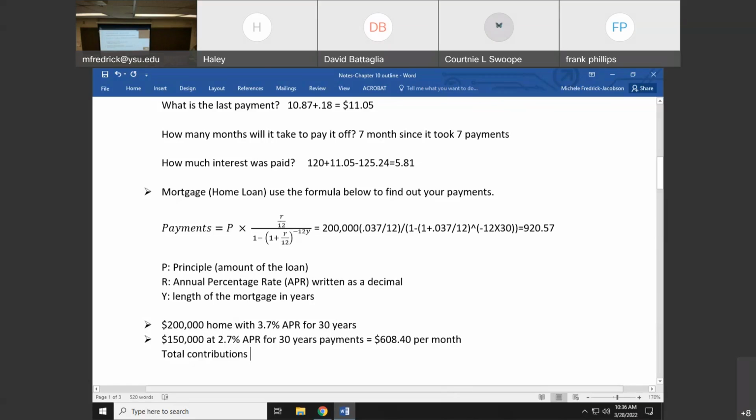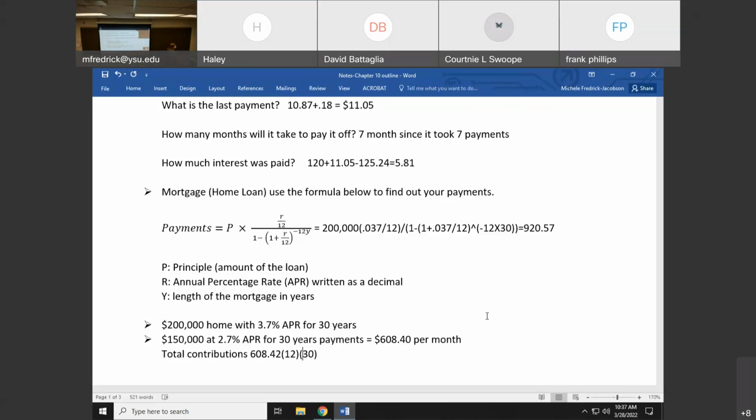So what we would do is the 608, not 6,000, 608, multiply it times 12 because it's 12 months, and then 30 years. So when you're finding the total contributions, it's how much you pay per month times 12 because it's monthly times the number of years. Your payment times 12 times the number of years.